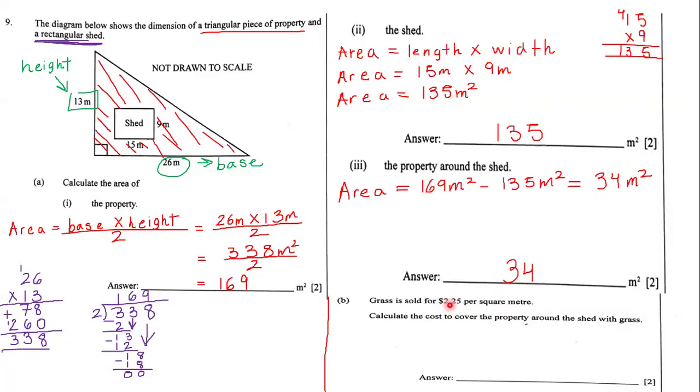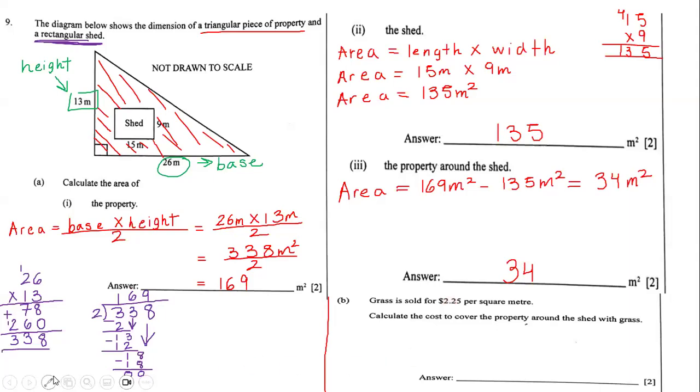Are we multiplying? Multiplying what? 34 and $2.25. Very good. So we have to multiply it.